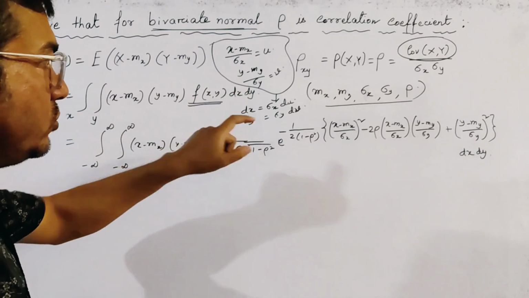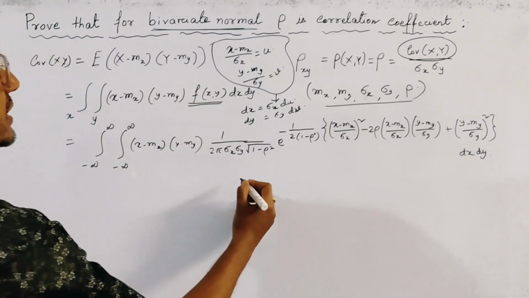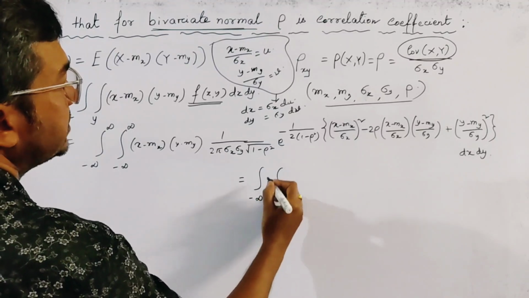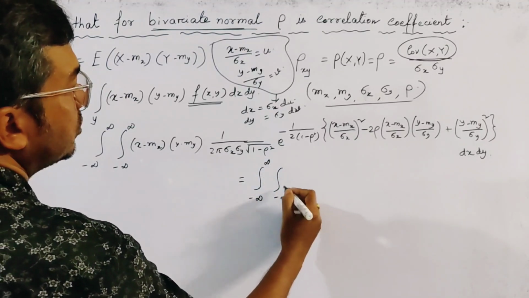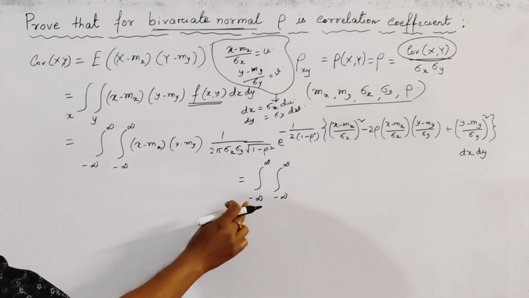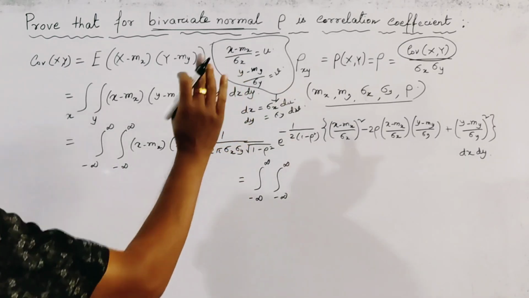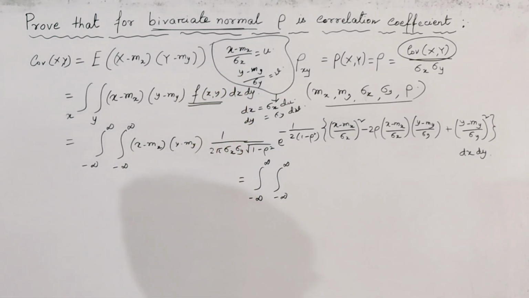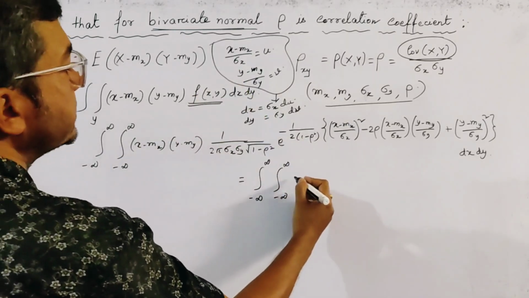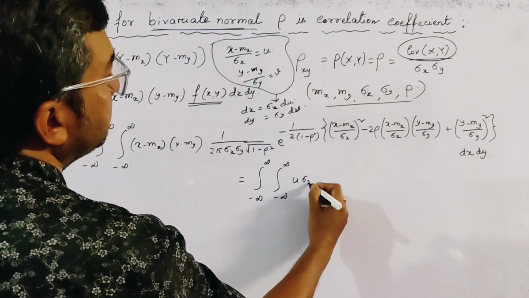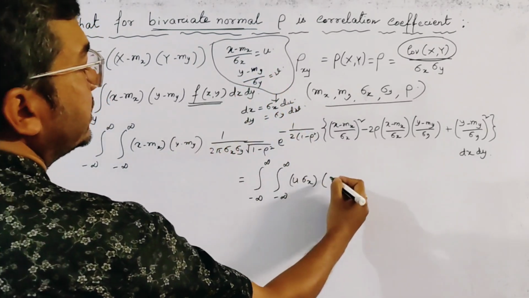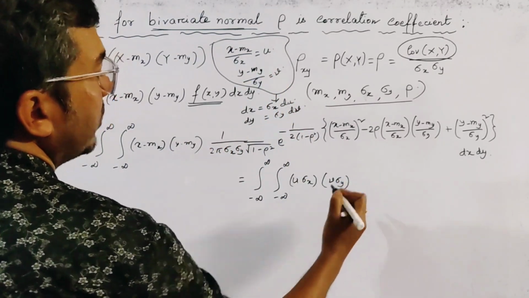Now, substituting these two values, we get this integration from minus infinity to infinity, and also minus infinity to infinity. Here the range is not changed because u and v are in the same range. Now put x minus mx as u sigma x, and y minus my as v sigma y.